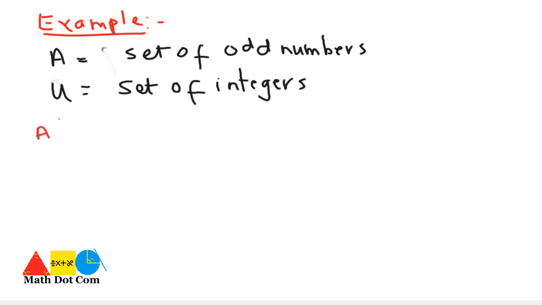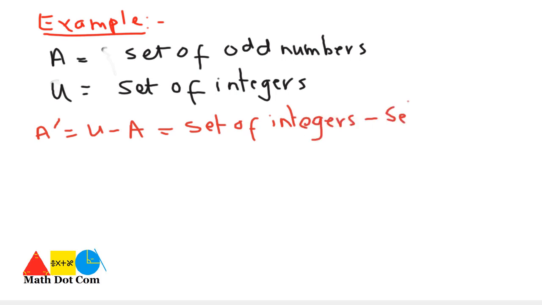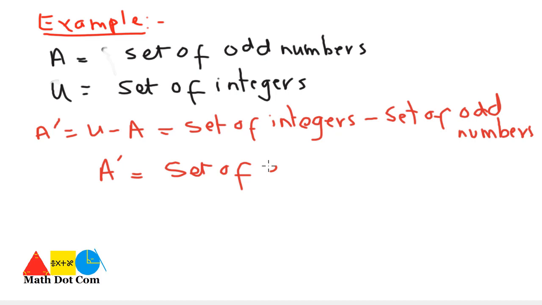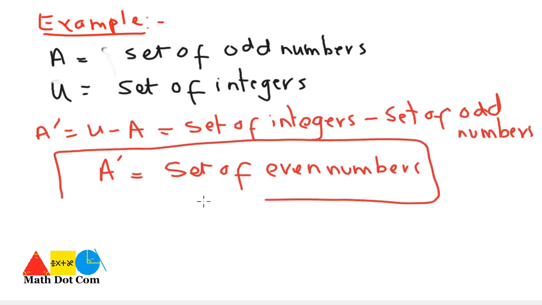A complement is equal to U minus A, which is the set of integers minus the set of odd numbers, and A complement comes out to be the set of even numbers. So this is how you can find the complement of a set.